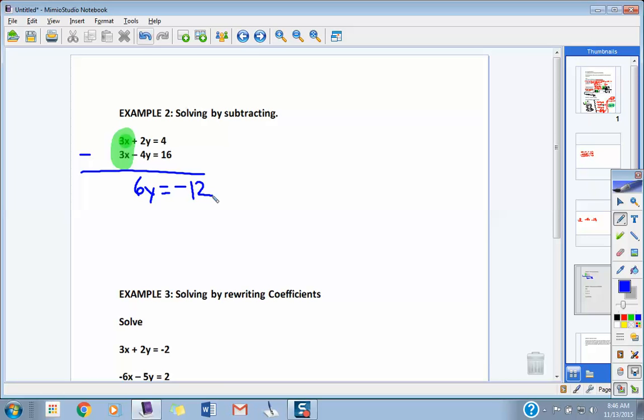Can I get a value for y this time now? Can I get a y value? What is it? Perfect. All right, how about a volunteer to tell me what to do after that now?